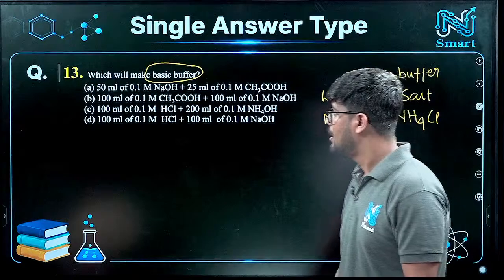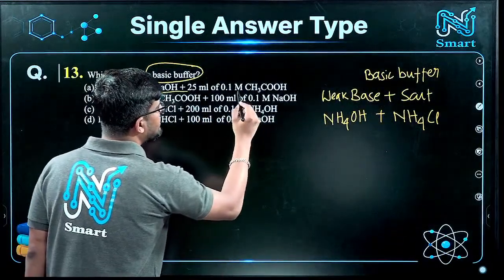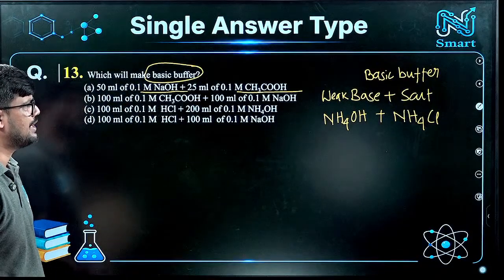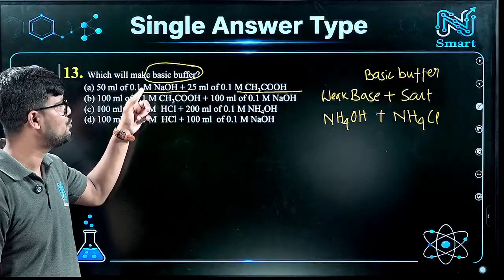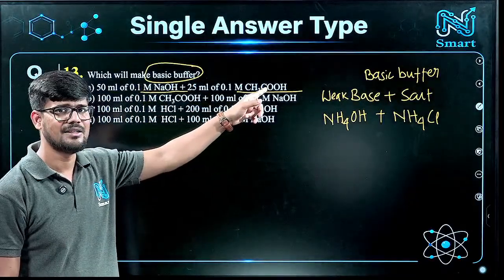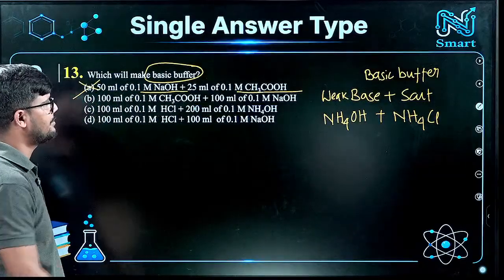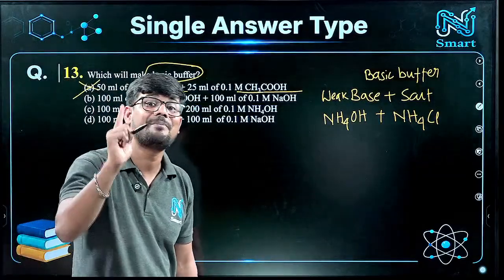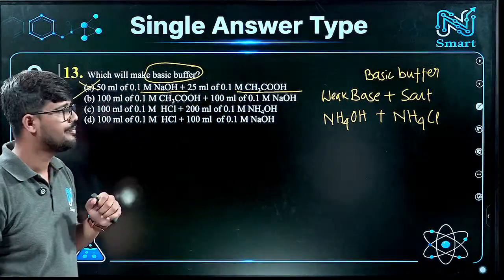Now, if you check the options, first case NaOH and CH3COOH, both are there. Now this is a strong base, and this is a weak acid. So by default it is not a basic buffer, because for a basic buffer a weak base must be there. Where is the weak base? This is a strong base.